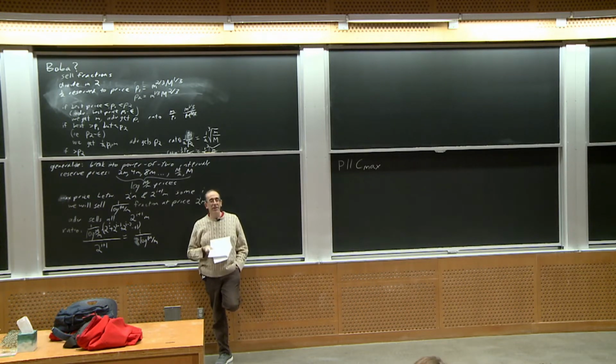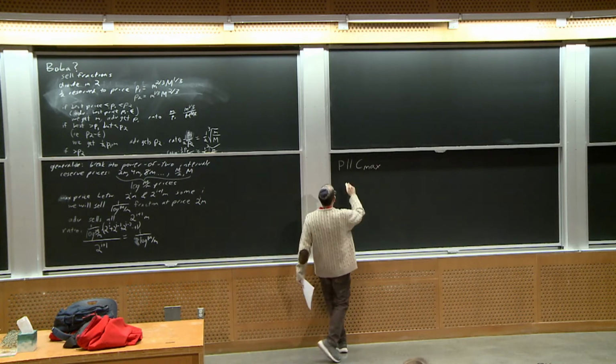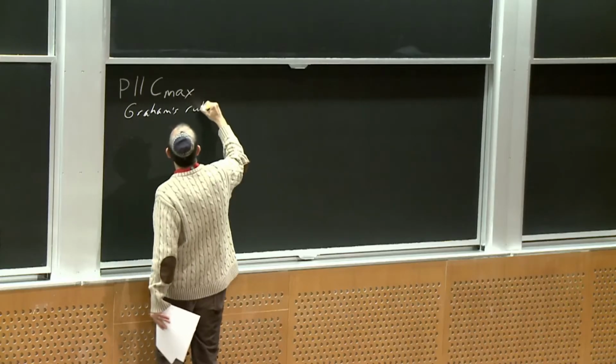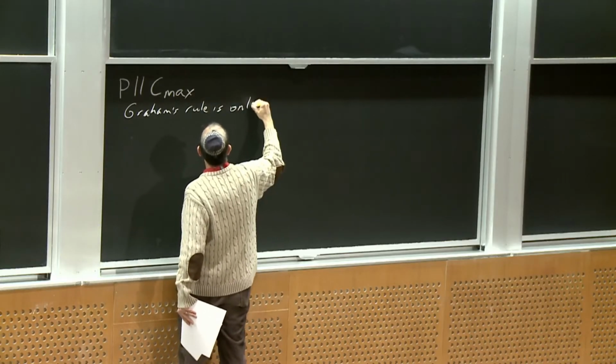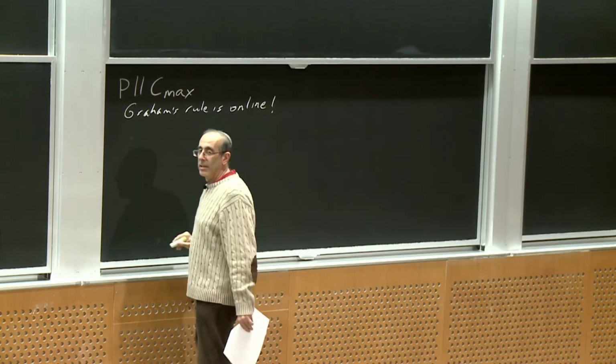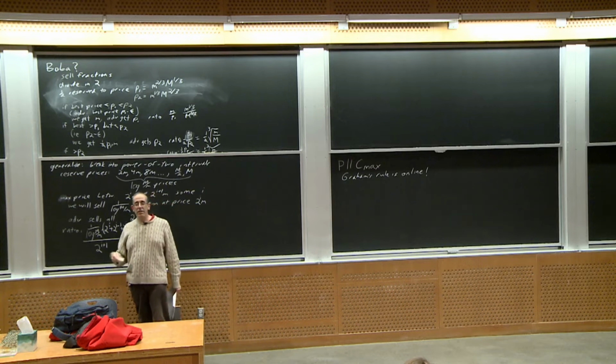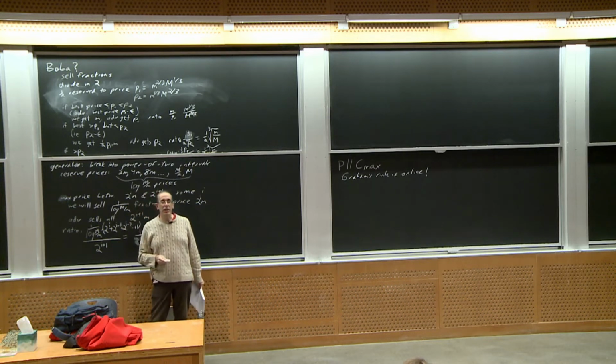Yeah. We still just assign it to the one with the lowest. Yeah. Graham's rule is an online algorithm. It schedules jobs as they come in to put each one on the least loaded machine.